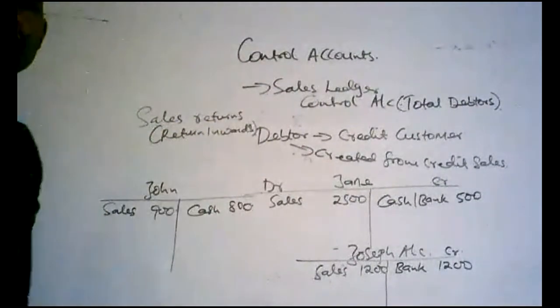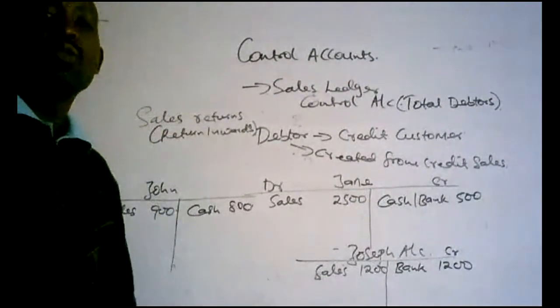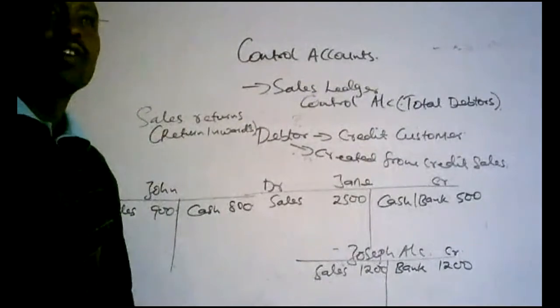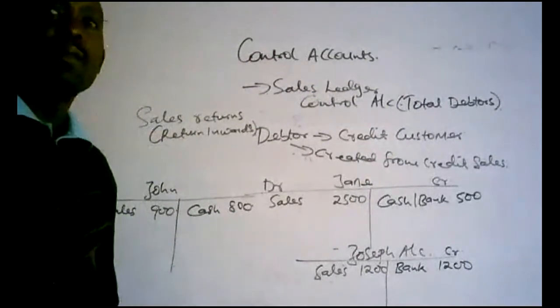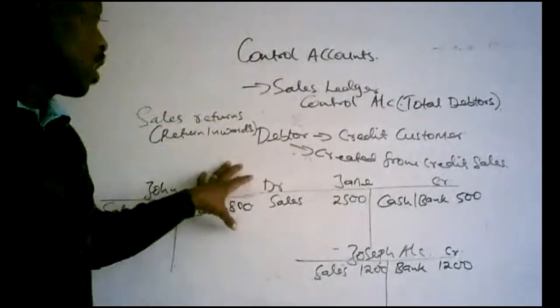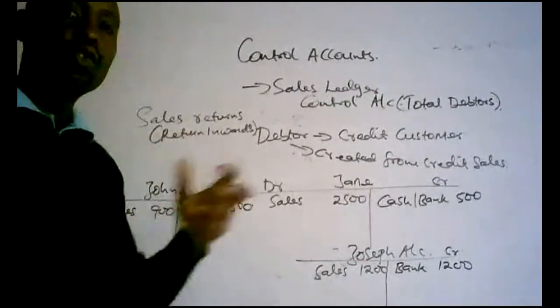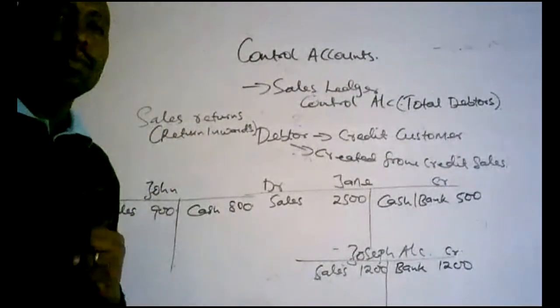Goods sold to customers, at one point you might find that the customer has decided to return part of those goods back to the business. And those goods which have been returned are also known as sales returns or return inwards. So those two terms mean the same thing.